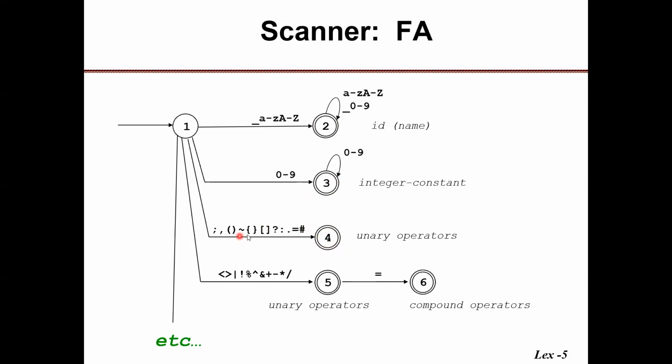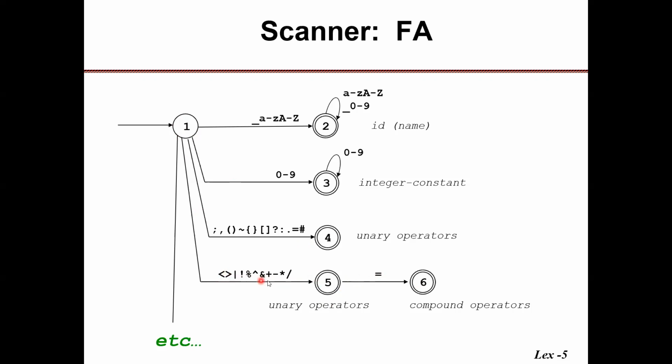But here, if we have a single one of these specific operators, we can accept it as a unary operator, and this is the collection of unary operators that we had defined in the previous slide. However, if we're in state 1 and we recognize and accept one of these symbols here, these symbols could be unary operators, but they could also be compound operators if they're followed by an equal sign.